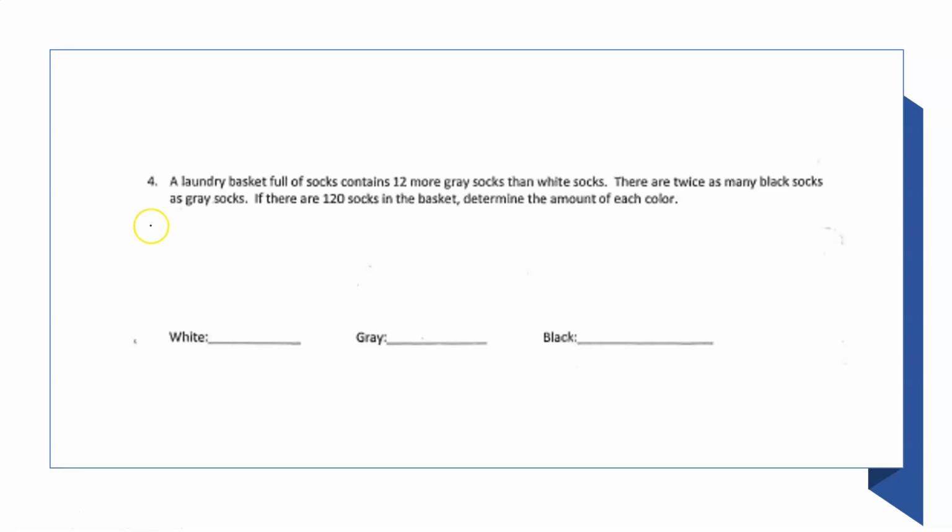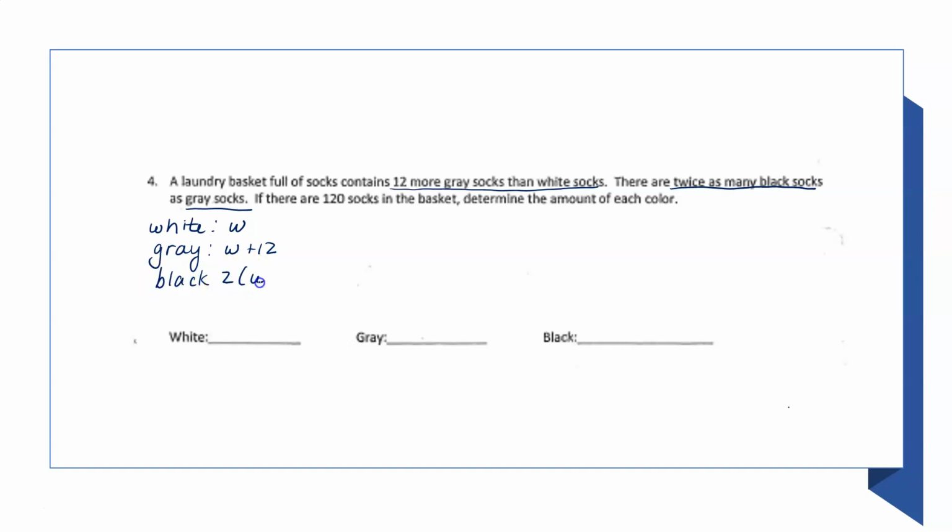So we're going to make the white ones W, and it says there are 12 more gray ones than white ones. So the gray, we're going to make W plus 12, and then twice as many black as gray. So gray is W plus 12, so black is twice what gray is.